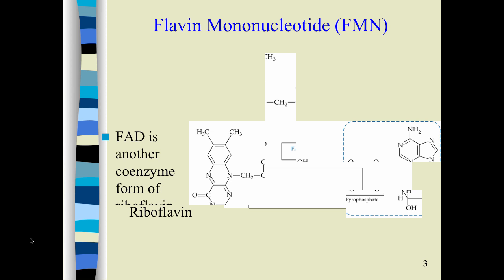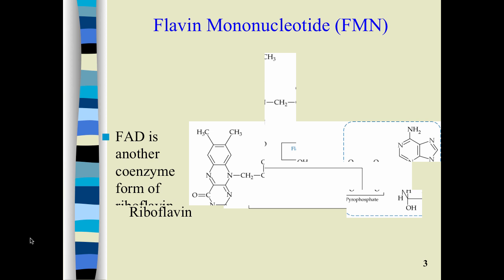The other coenzyme form is the more popular, famous one, flavin adenine dinucleotide, FAD. In this case, the addition is more complex. Here's the phosphate from the mononucleotide. Now we have another phosphate that's added, so this forms a pyrophosphate.